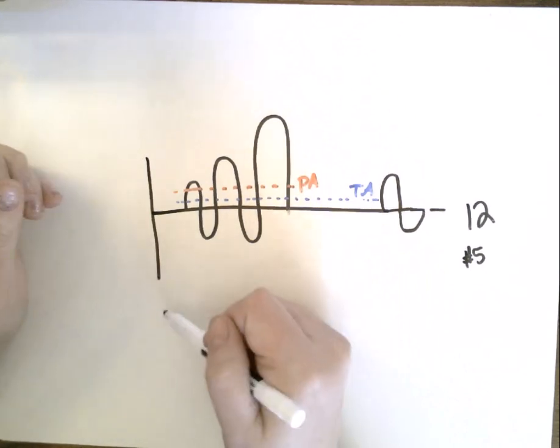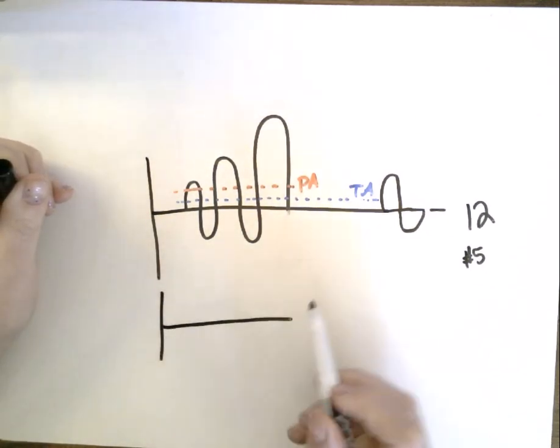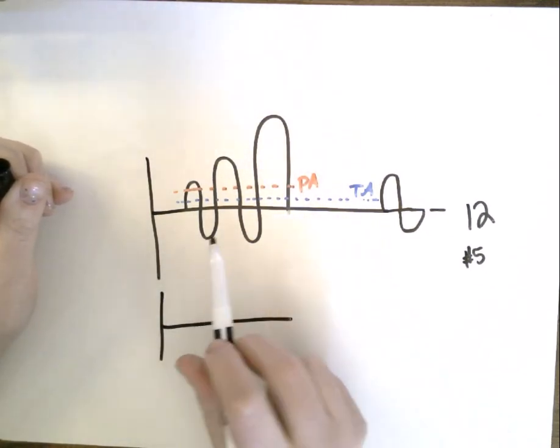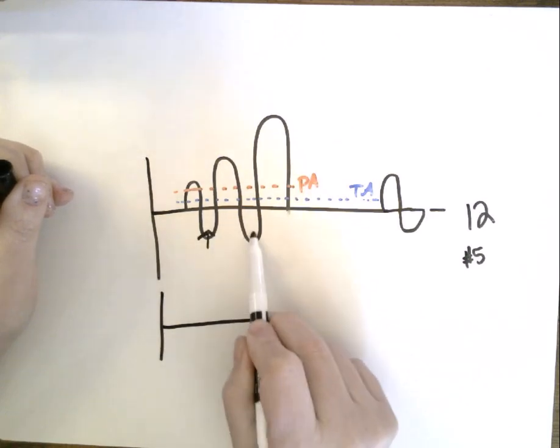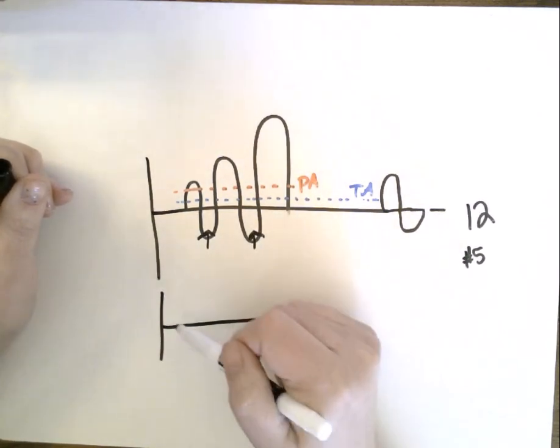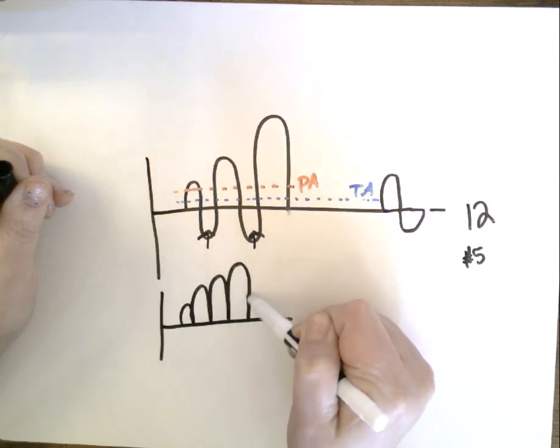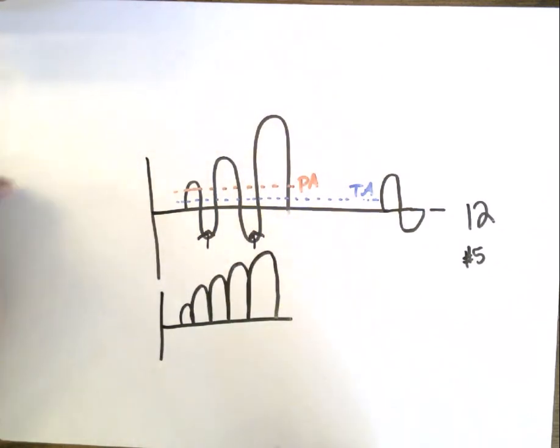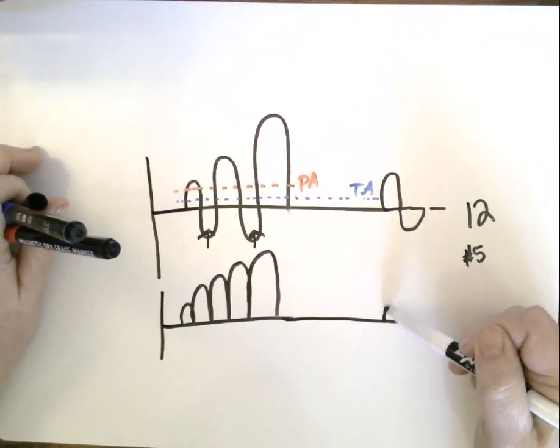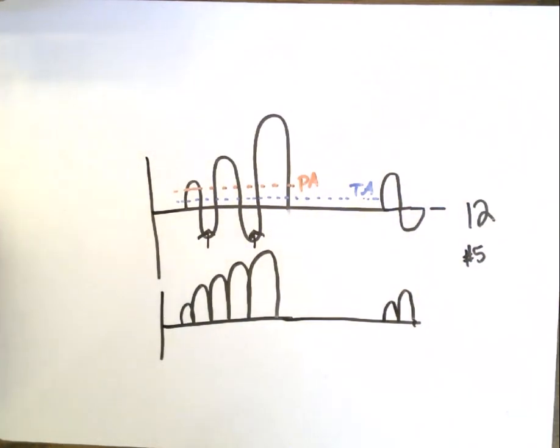I had shown this in another idea that when we demodulate, we flip these negative intensities up, right? So if we were to flip these up, it might look something like this, if I was going to redraw this pulse as demodulated.